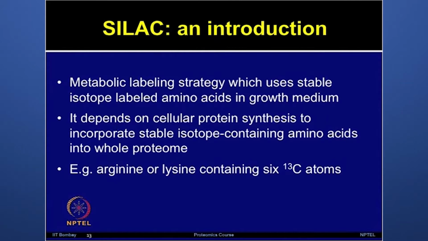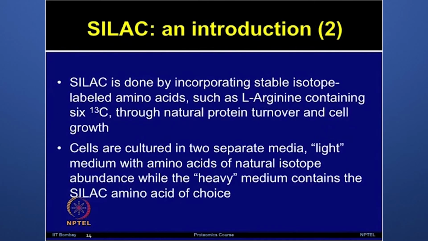For example, arginine or lysine, which contains 6 13 carbon atoms. The SILAC experiments are performed by incorporating stable isotopically labeled amino acids such as L-arginine containing 6 13 carbon through the natural protein turnover and cell growth.